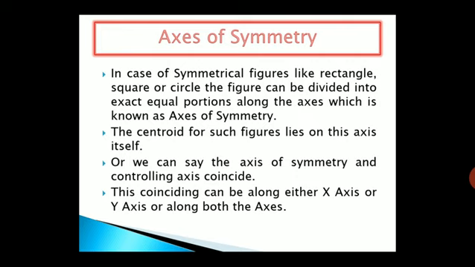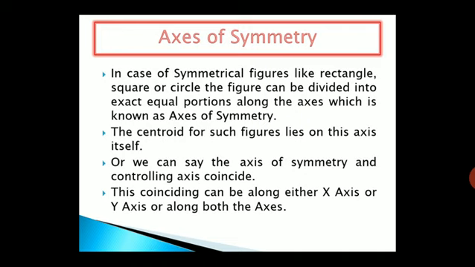Secondly, I'll take a common example of a lemon. If we want to cut a lemon in the kitchen, we cut it such that we get two equal halves of the lemon. So the axis along which we are cutting is nothing but the axis of symmetry. So we can get two types of figures. One is which has symmetry along both the axes.